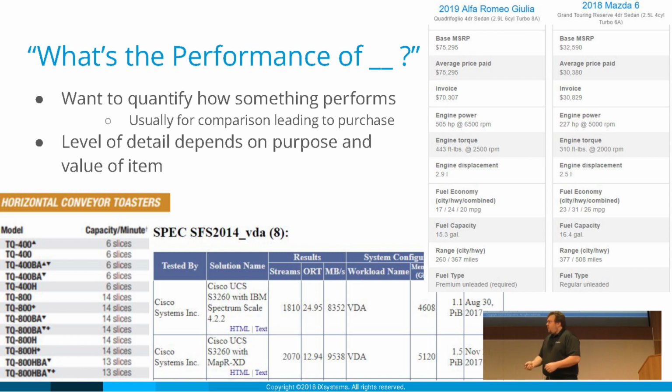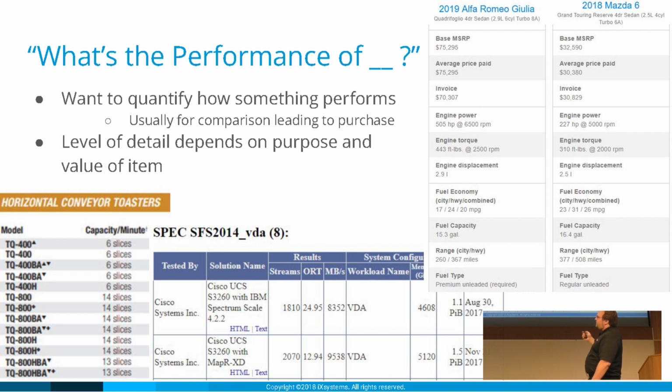If we look at our horizontal conveyor toasters, there's actually a lot of stuff in the spec sheet for a toaster. I'd never really looked before. But fundamentally, the only performance metric is the number of slices of toast per minute that they produce. A commercial toaster is fairly expensive, but in the grand scheme of things, it's not that expensive. So slices per minute works pretty well.